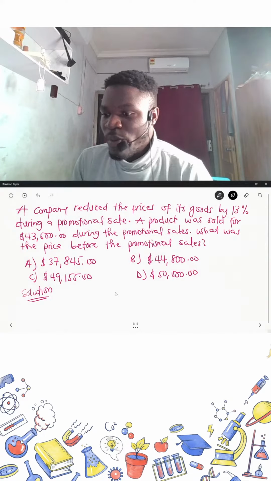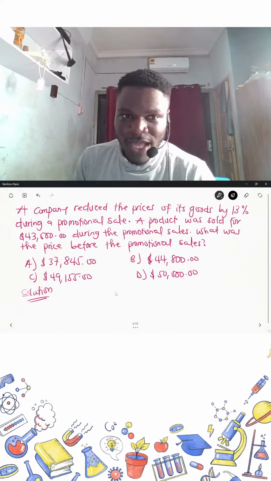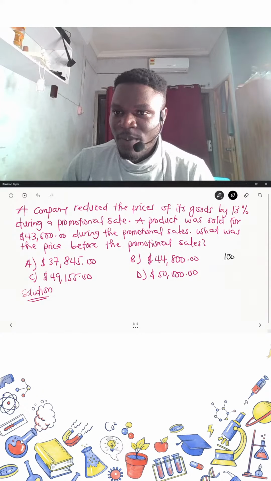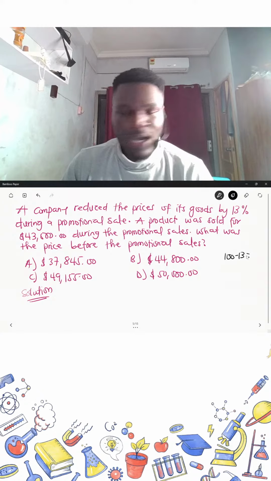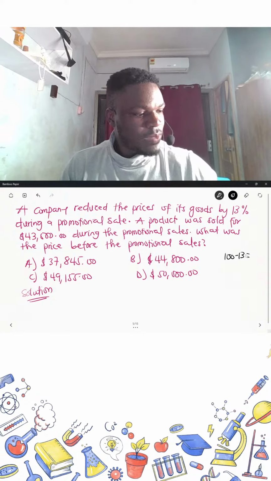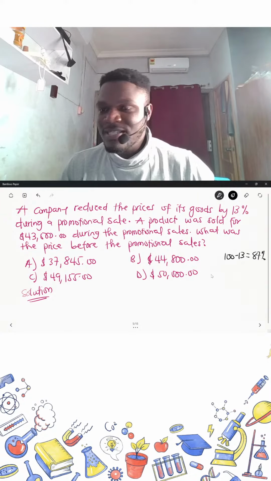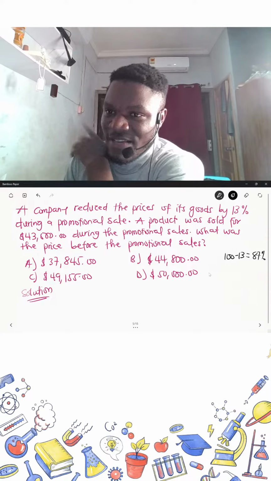Okay, so we know that if we subtract 13% from 100, 100 minus 13, that will give us 87%. So the person paid for 87%.